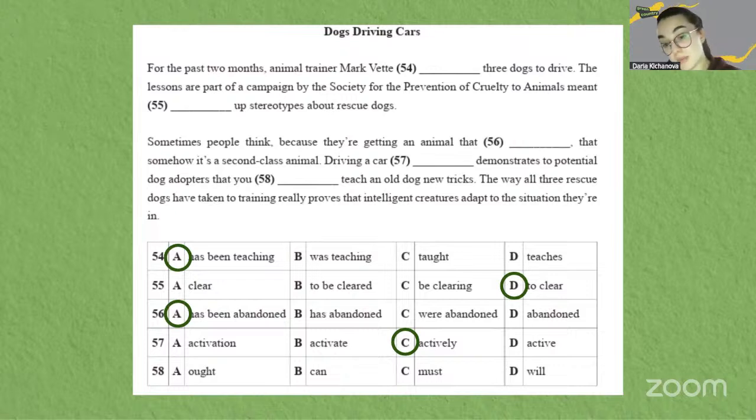Can, maybe, must, possible as well, and will, if we are not talking about any promises, any future, so there we can cross it out because we don't use it here. And there the correct answer will be can, as here we have that you can teach an old dog new tricks. So it's possible, yes, to teach an old dog new tricks. So it's all in your hands.